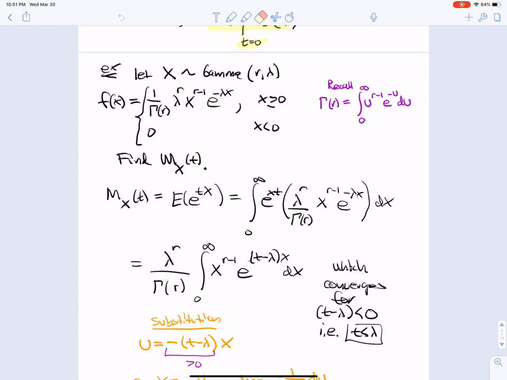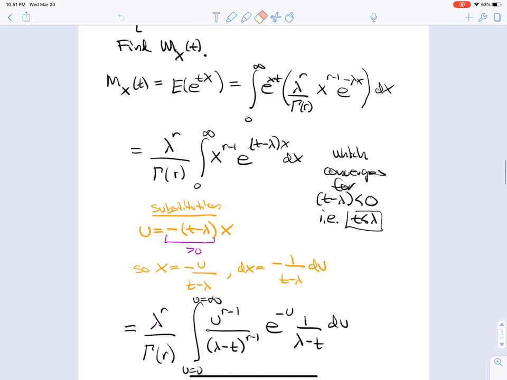Now this integral will converge for t less than lambda, because you can see that that is actually the variable part of a gamma, so you know that that's going to converge. Furthermore, you know that t greater than lambda wouldn't converge, because just think about what that looks like. That's an exponential increasing, so the area under that curve is definitely not going to be finite.